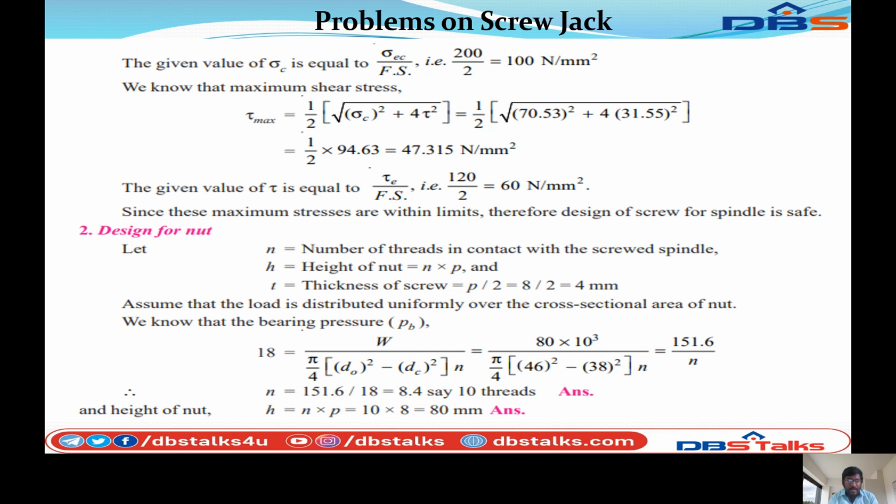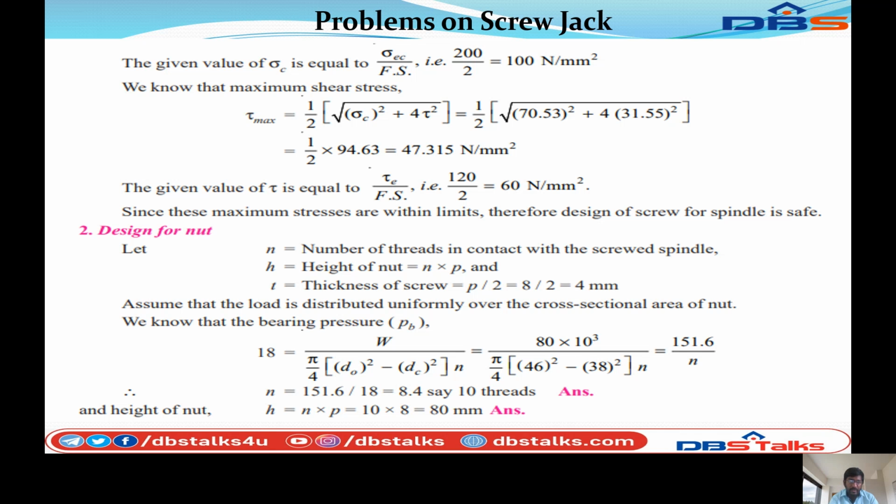So we calculated tau max as 47.315. The given tau max in the problem is 120, so 120 divided by 2 is 60. So the calculated maximum value is less than the given value 60. That's why the maximum shear stresses are within the limits, and the design of the screw spindle is safe.